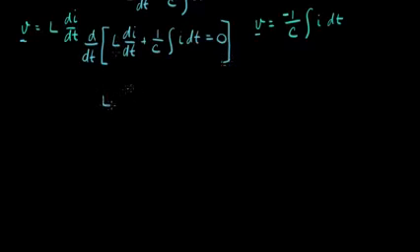So we get L times the second derivative of I with respect to time, plus 1 over C, and then the derivative of the integral of I dt turns into just I, and the derivative of 0 on this side is 0.